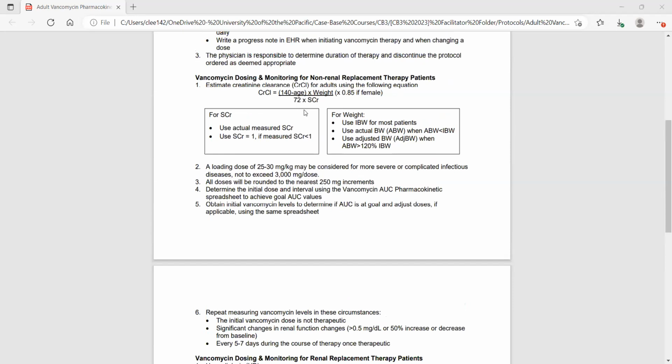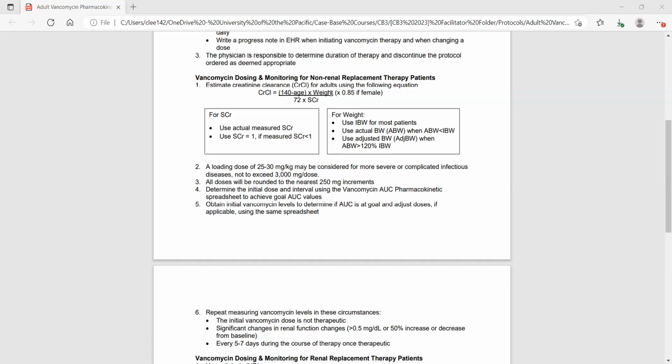The one thing that might vary in the creatinine clearance calculation is the weight that you use. The other parts are going to be the same. You might use ideal body weight, actual body weight, or adjusted body weight, and it depends on what your justification is, right?